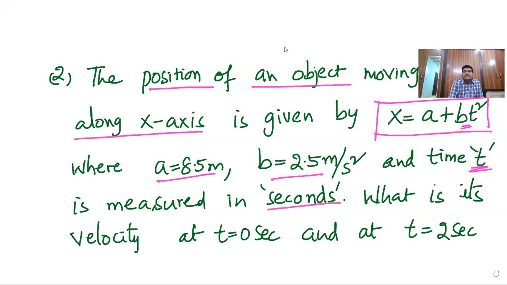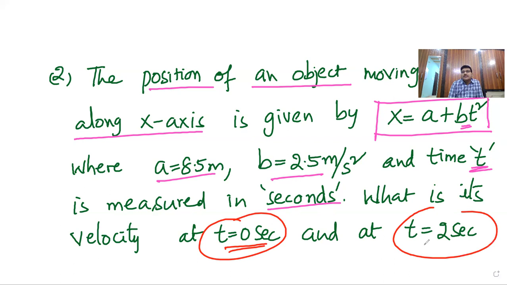He is asking, what is the velocity at t equal to 0 and at t equal to 2 seconds? That was his question. Clear?